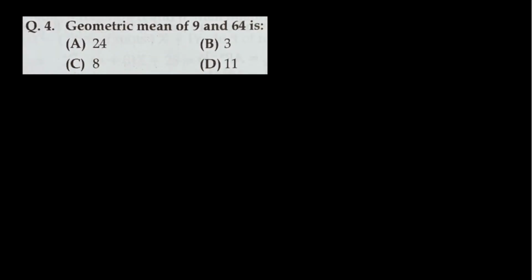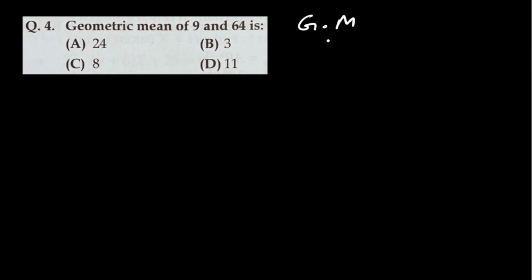Let's do the next question, question number 4. Here, one thing I'll tell you. In question number 4, you can see geometric mean, GM. See, here I'll relate a little bit.